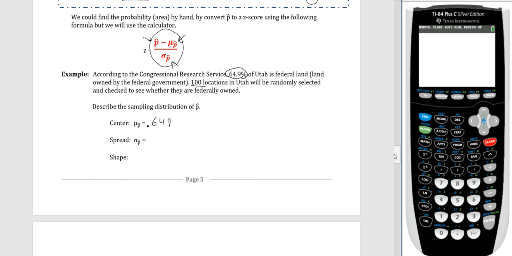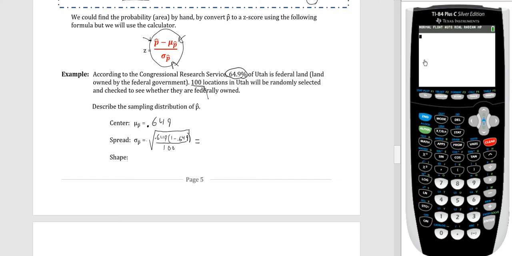Now my spread is going to be influenced by the size of the sample, that 100. So my spread is going to be the square root of 0.649 times 1 minus 0.649, then divided by my sample size of 100. That's the calculation for the spread.